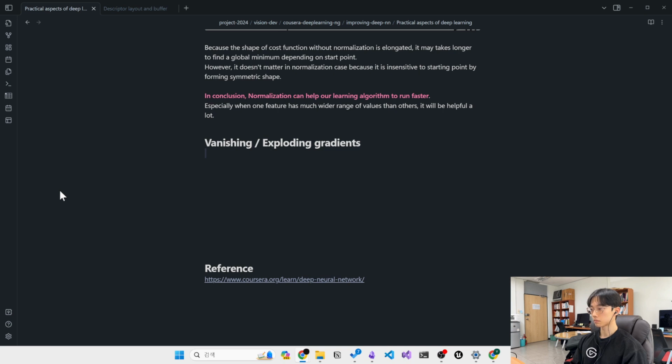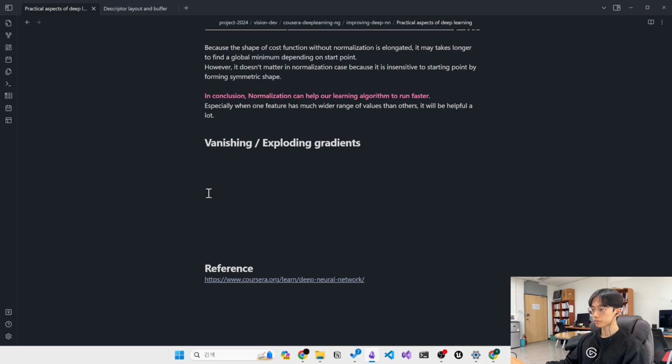So in that case, you can show that the output y will be WL times WL minus 1 times WL minus 2 dot dot dot down to W3, W2, W1 times x. But if you want to just check my math, W1 times x is going to be z1, right?